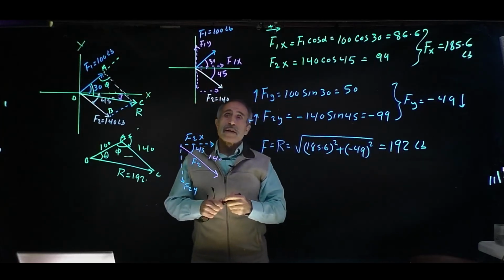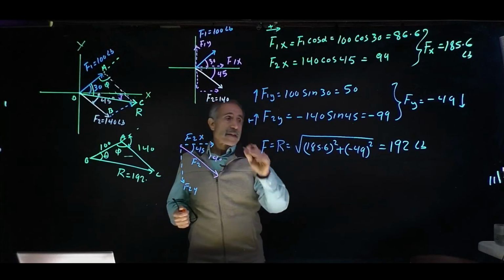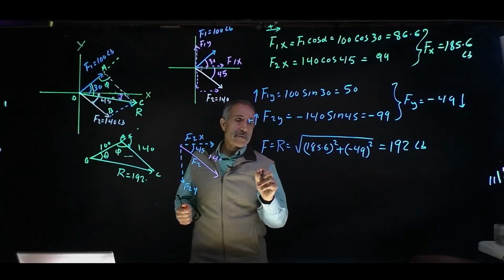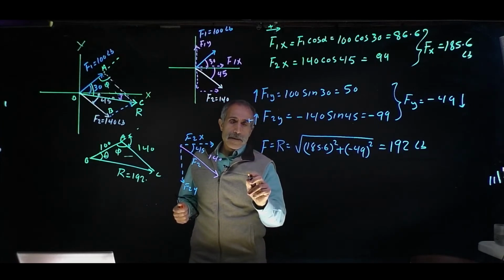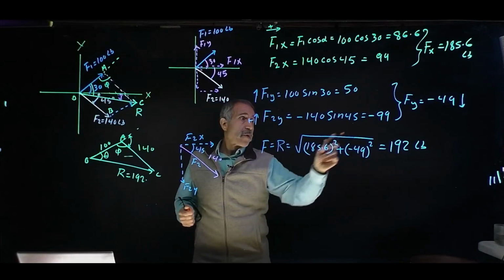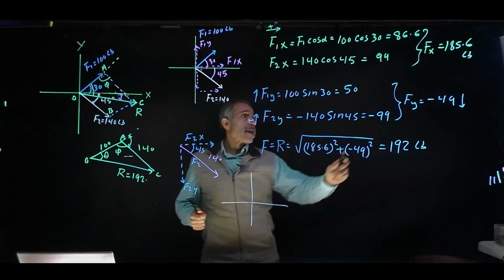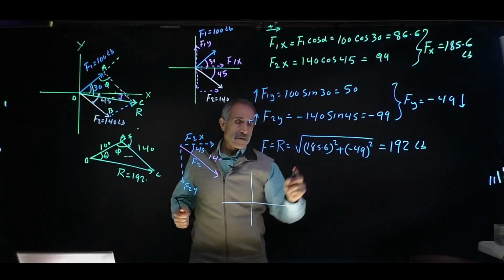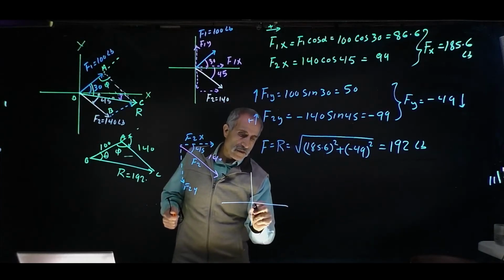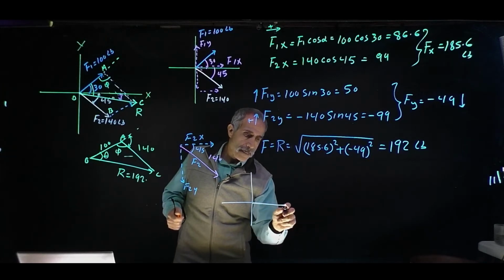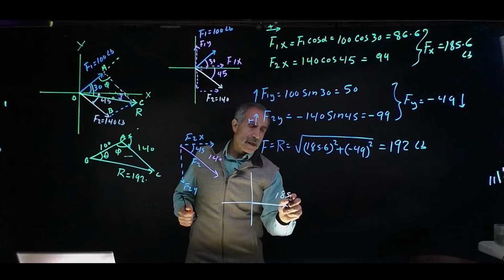Where is it going to go? It's a triangle, because we're going to find our x. If I make a Cartesian coordinate, our Fx came out to 185, meaning it was 185 this way, in a positive direction.